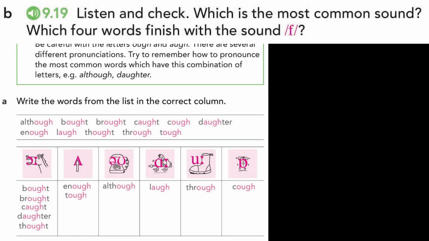9.19. Horse, oar, bought, brought, caught, daughter, thought. Up. Ah. Enough. Tough.